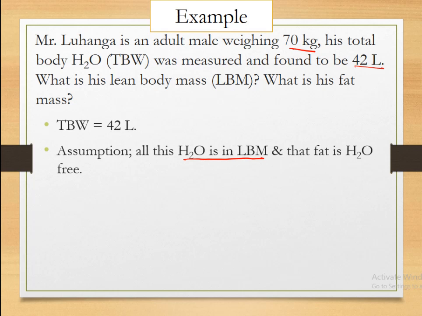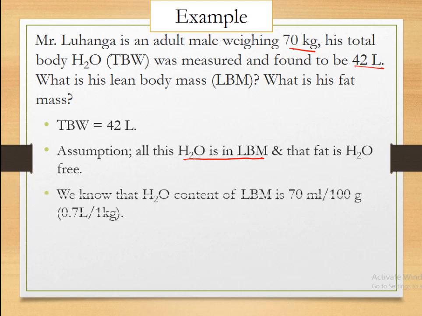That's the amount of the lean body water. So this is 0.7 liters and 1 kg. Some of you may wonder how come this is the same as 0.7 mil per gram.